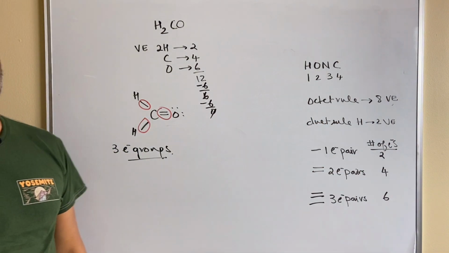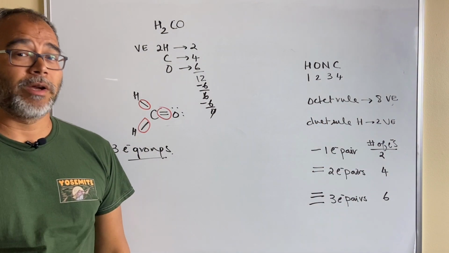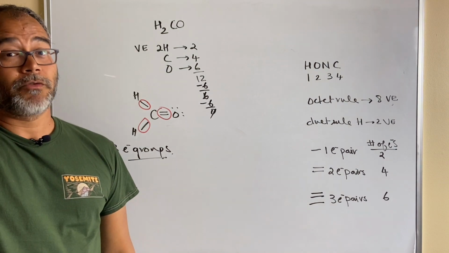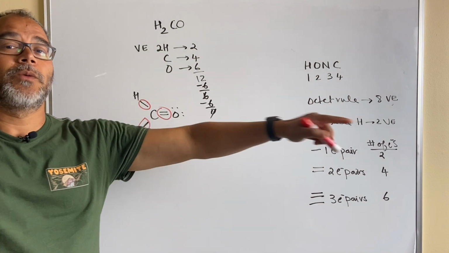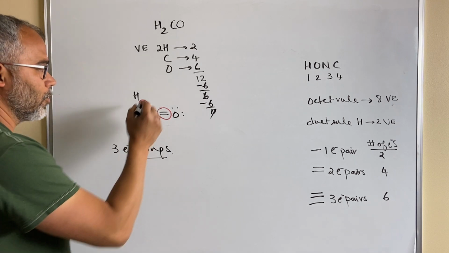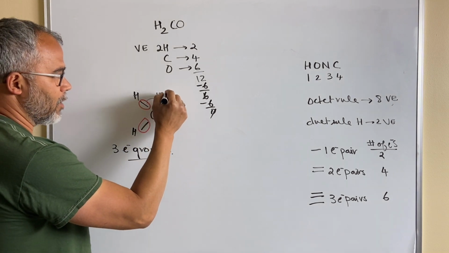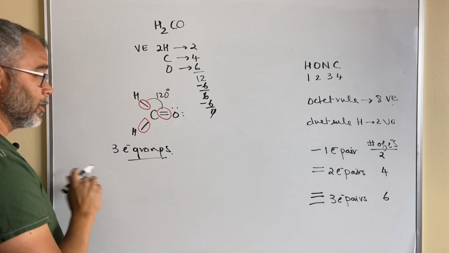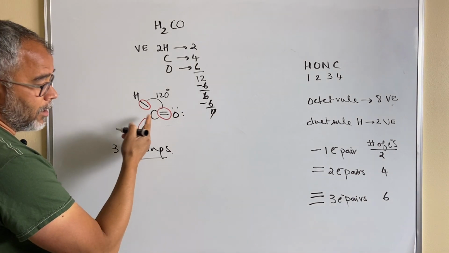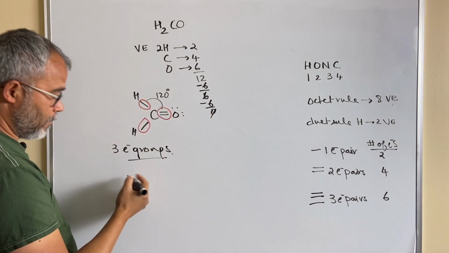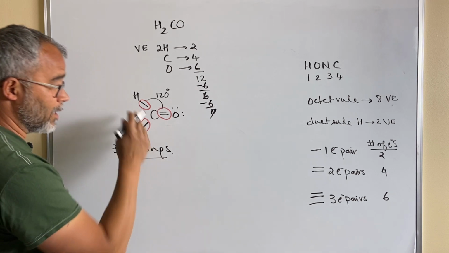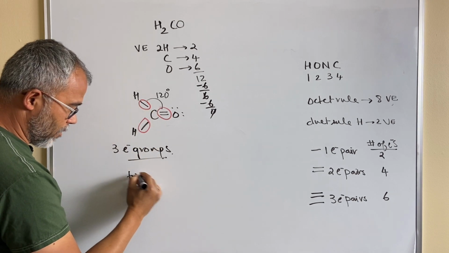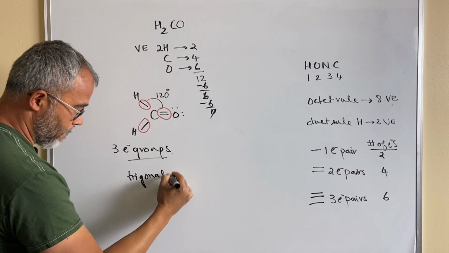If you imagine a ceiling fan with 3 blades, the blades are equidistant in space. So the bond angle is going to be 120 degrees, because 120 times 3 is 360. So the shape of this is going to be trigonal planar.